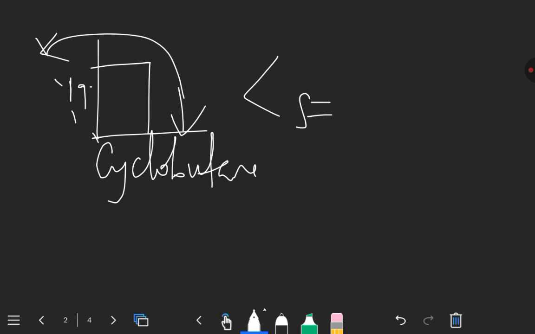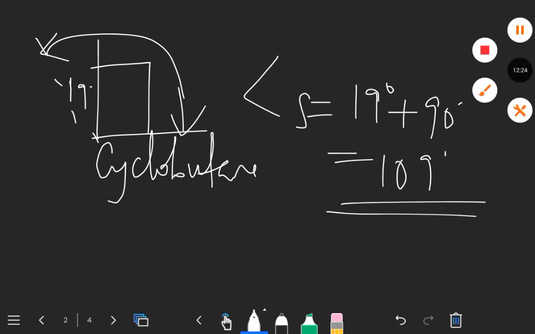We'll be given this value, then we'll be told to calculate the angle of stability. So the angle of stability will be equal to 19 degrees plus 90 degrees, so it will be 109 degrees. So this will be our value, which is 109 degrees.